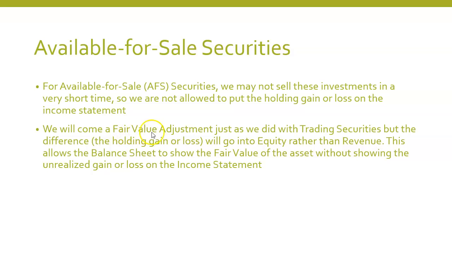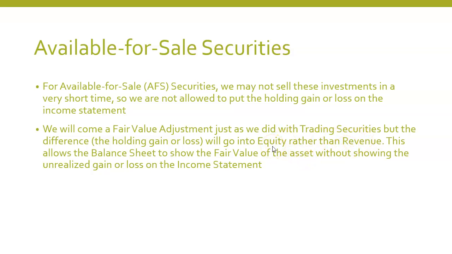We still will have a fair value adjustment account, just as we did with trading securities, because we are going to put this on the balance sheet at fair market value. But that holding gain or loss, rather than going on as a revenue and then into equity when we close out at the end of the year, is going to go straight into equity without touching the revenue.